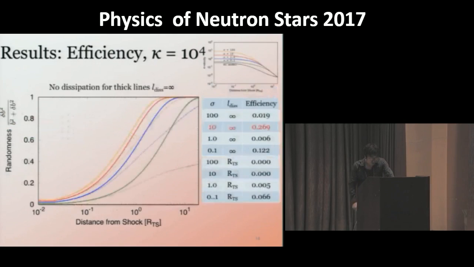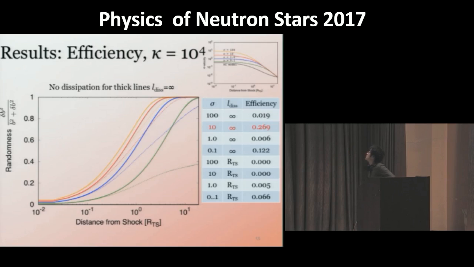So we also see the radiative efficiency, and the colors are the same: 100, 10, 1, 0.1. And okay, this is the termination shock, and this is the randomness, defined like this, from the mean field and the turbulent field.